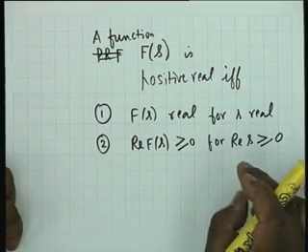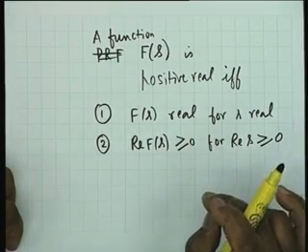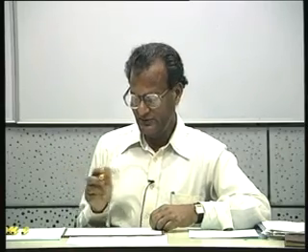Therefore, what it means is that in the closed right half plane, f of s should also be in the closed right half of the f of s plane. In other words, we can view this in terms of mapping of one complex plane, that is the S plane, to the f of s plane. Do not be scared with the word mapping.